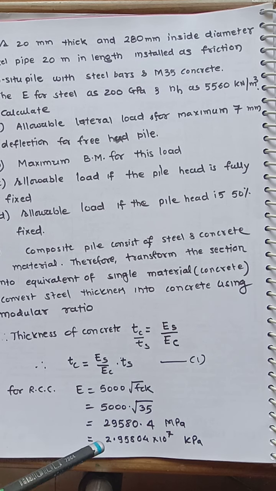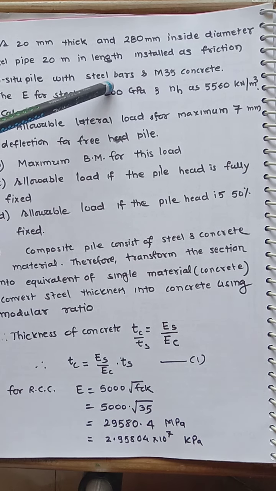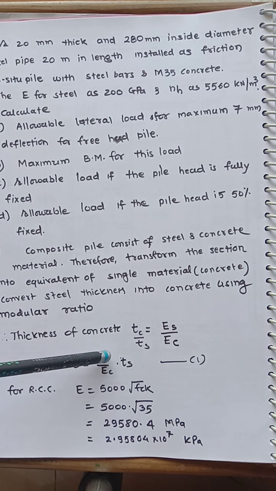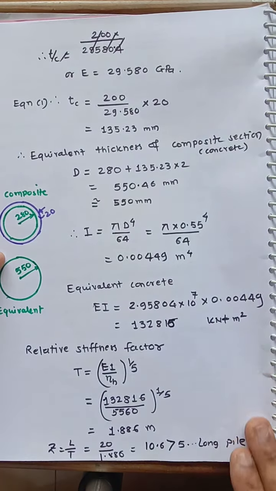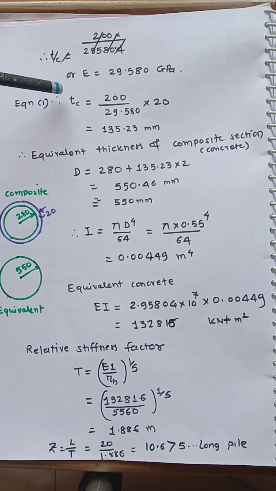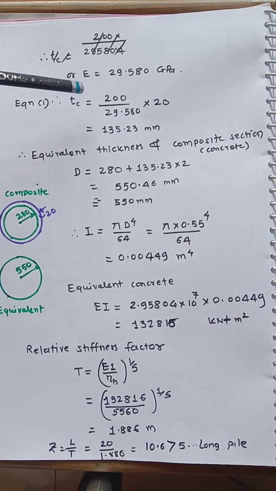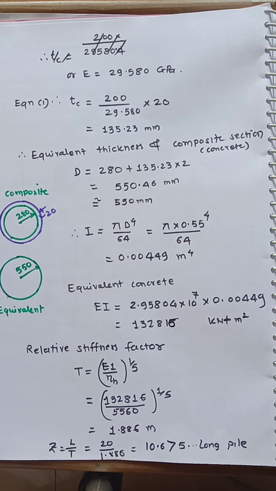This E value we can also write in terms of GPa. If I divide by 1000, then I get this value as 29.58 GPa, because steel is also given in GPa, easy to substitute in this ratio. So the concrete value we converted into GPa, and then the equivalent thickness is 200 by 29.58 into the thickness of steel.